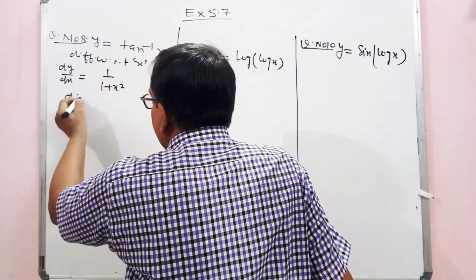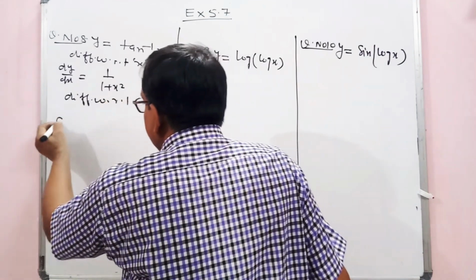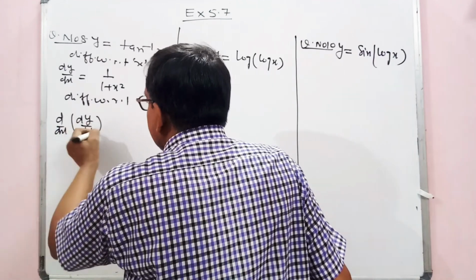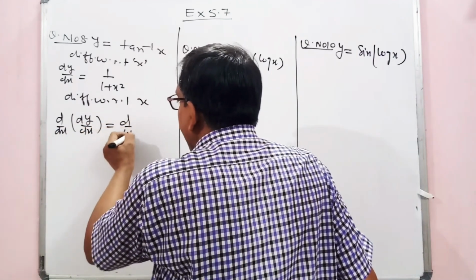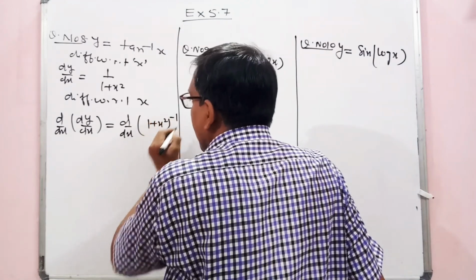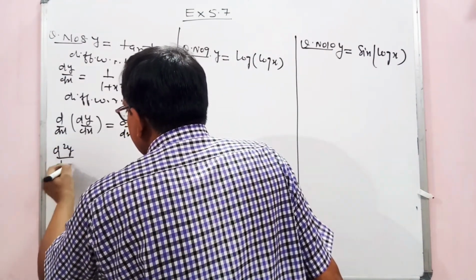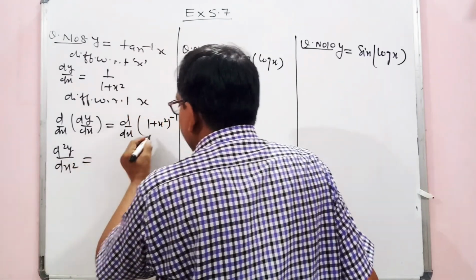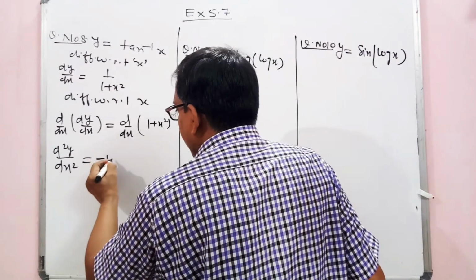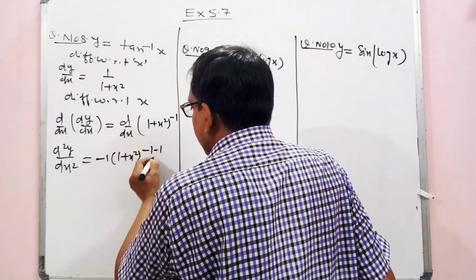Now again you do the differential with respect to x, d/dx of dy/dx, d/dx, and we write 1 plus x square to the power minus 1, d square y by dx square. Then the power comes forward: minus 1 times 1 plus x square to the power minus 1 minus 1.